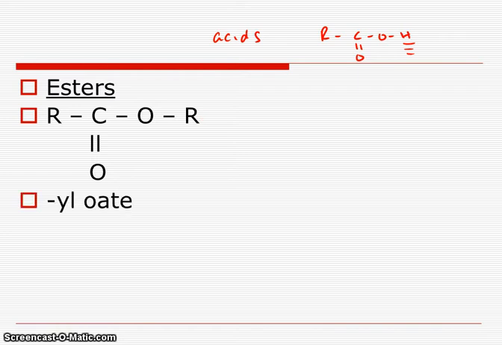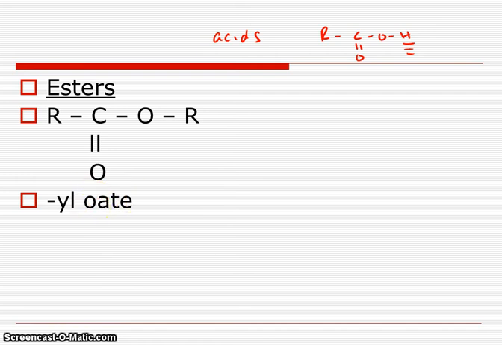So when we name them, we need to recognize where the original acid was and where the new replacement for this hydrogen is. The replacement for the hydrogen is going to be the beginning of the name, and the acid is going to be the number of carbons, and we're going to replace the oic acid with oate.